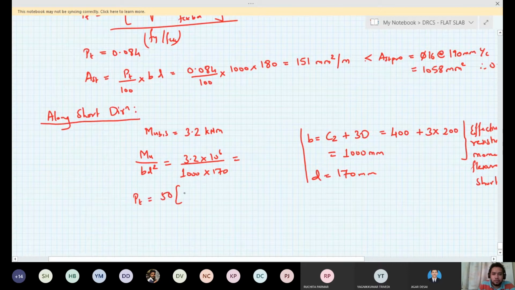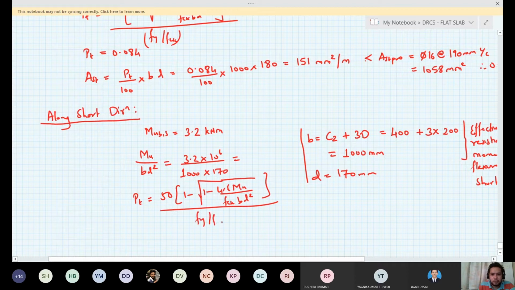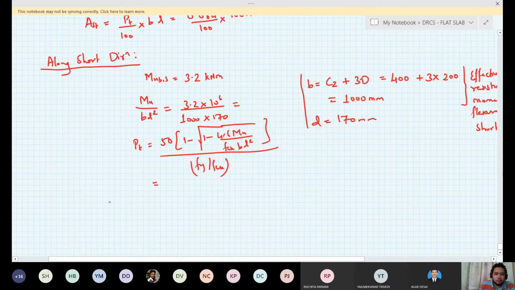PT is equal to 50 into 1 minus square root of 1 minus 4.6 Mu upon fck b d square, whole divided by fy by fck. So how much is this PT? And you find out Ast, that will be PT by 100 into b into d, that will be 1000 into 170.